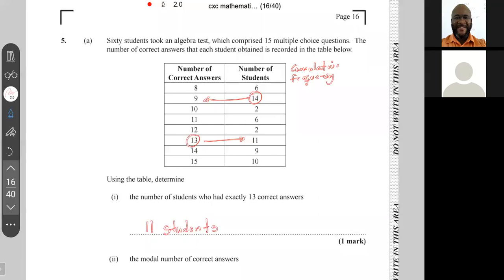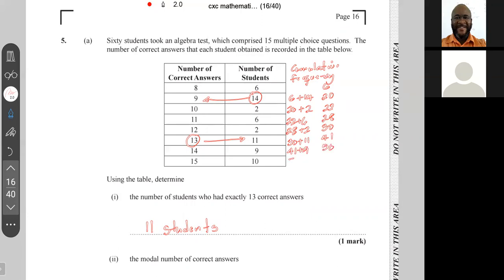Now, cumulative frequency means you're going to add the frequency going down. So this is 6. Now 6 plus 14 is 20. 20 plus 2 is 22. 22 plus 6 is 28. 28 plus 2 is 30. 30 plus 11 is 41. 41 plus 9 is 50.